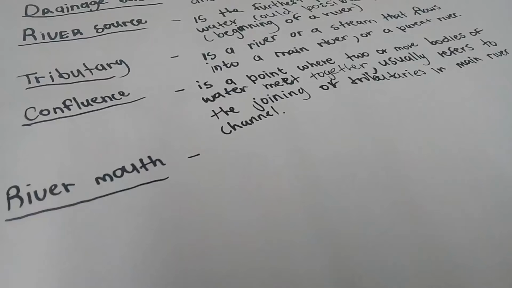A river mouth is a part of a river where it flows into the sea, a lake, or it can also flow into a river in a different drainage basin.